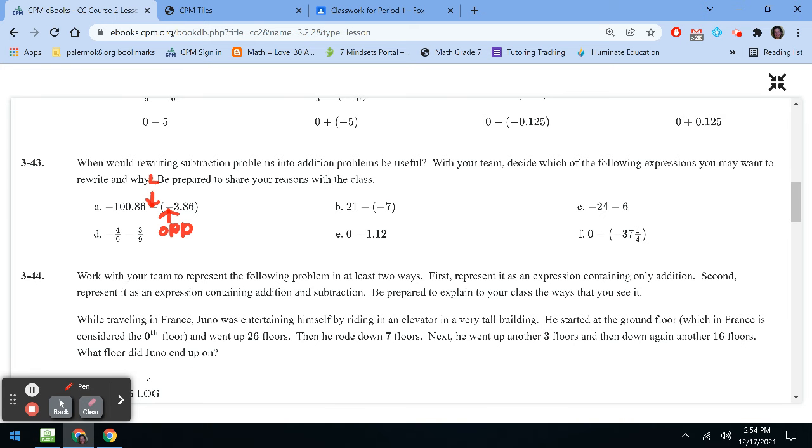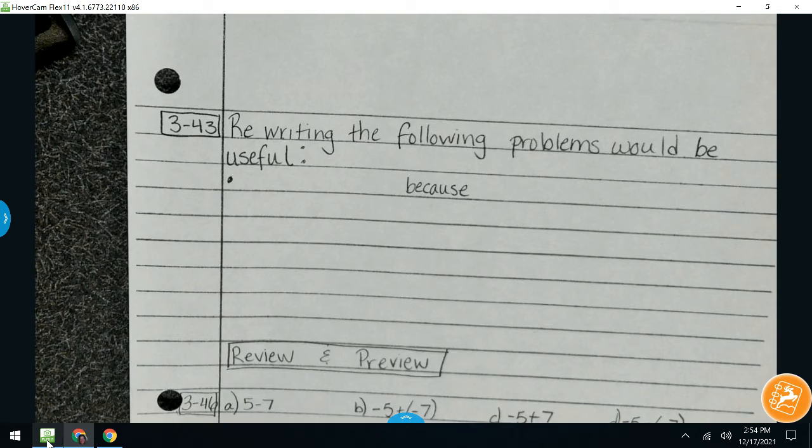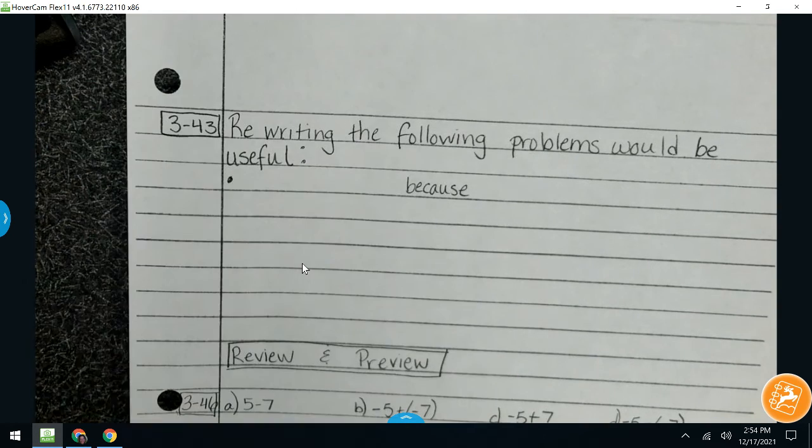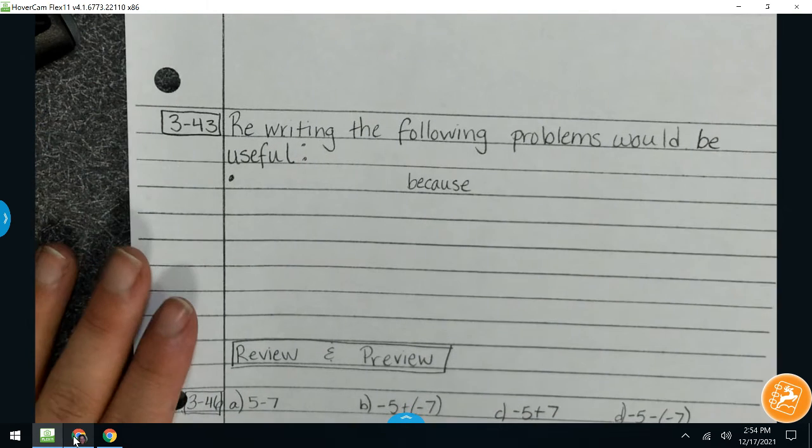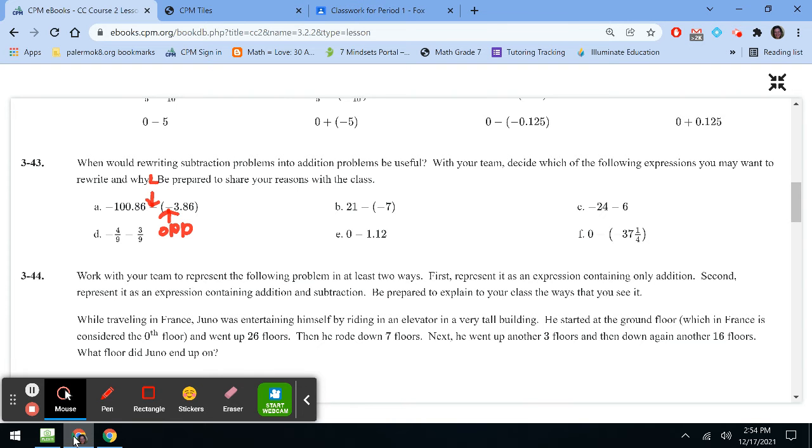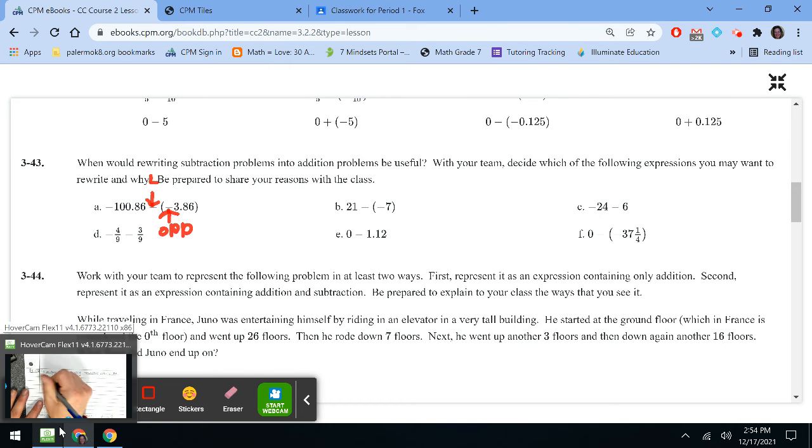Let's switch back over here. Oh, fiddlesticks, I already forgot it. So we have negative 186 hundredths, and we're removing the opposite of 3 and 86 hundredths.